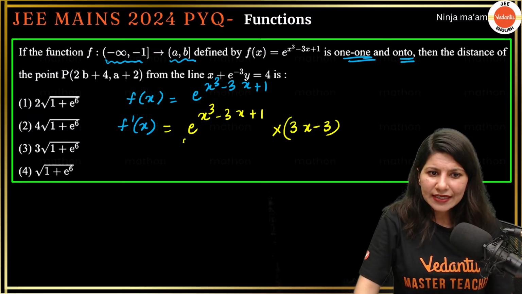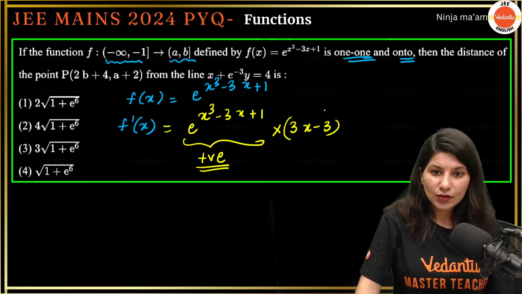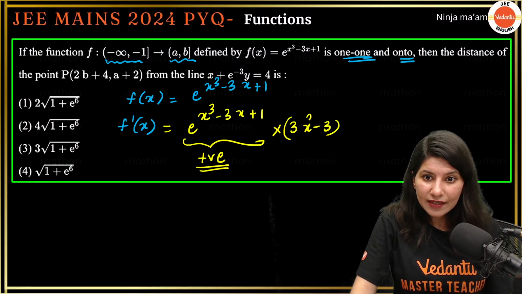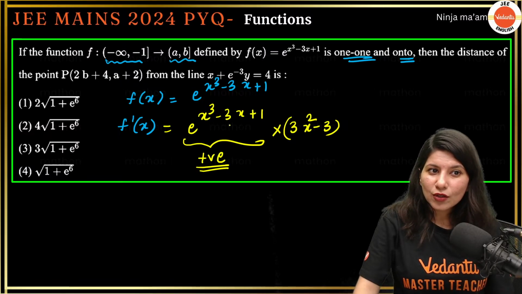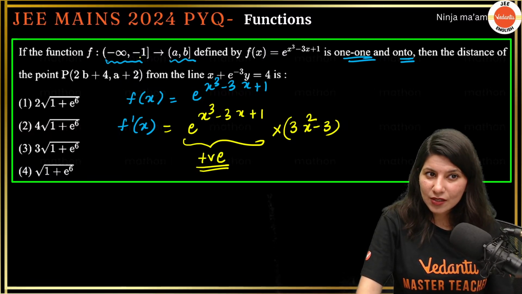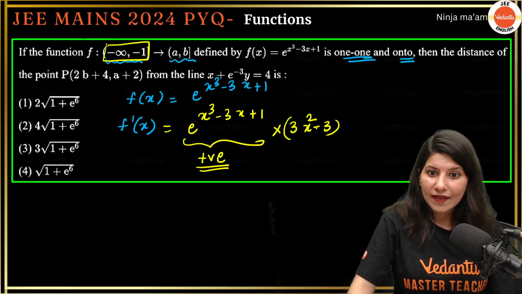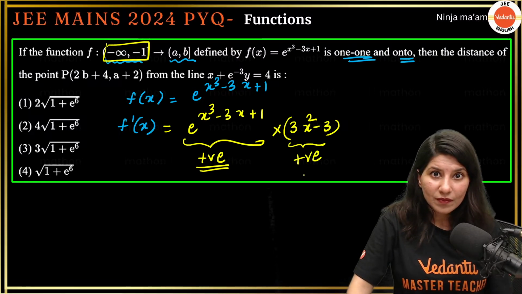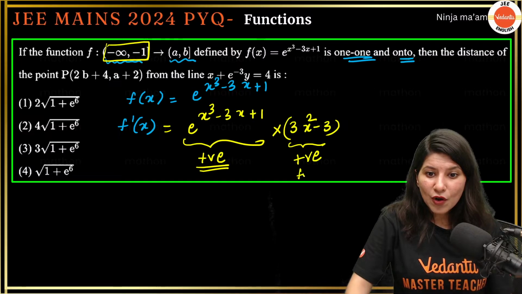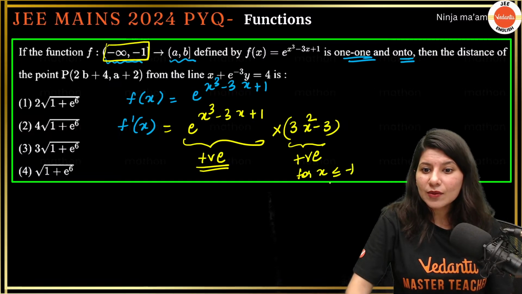Now, obviously, e raised to power x is anyway positive. Now, if I talk about minus infinity to minus 1, in this interval, 3x square minus 3 is always positive, for x less than or equal to minus 1.